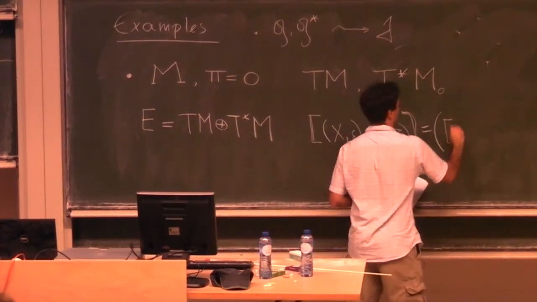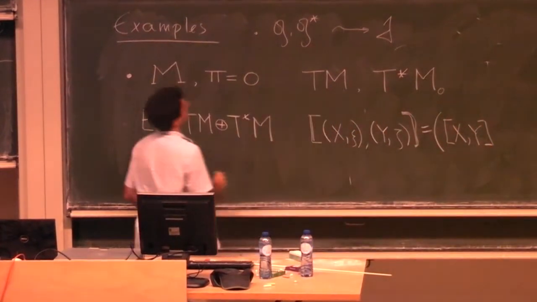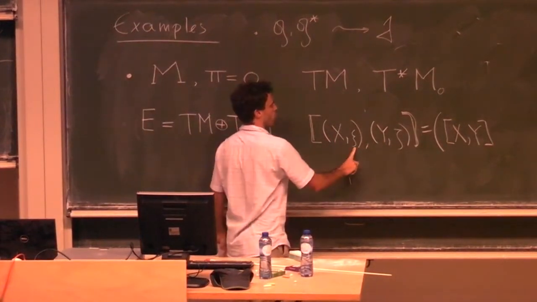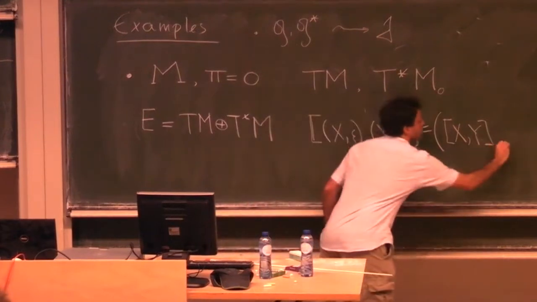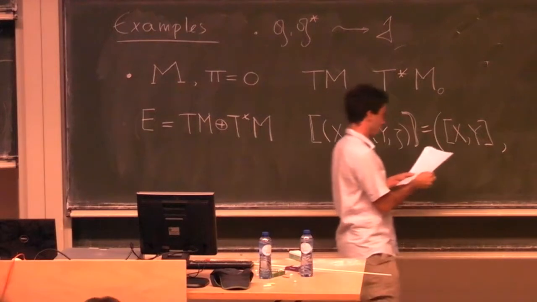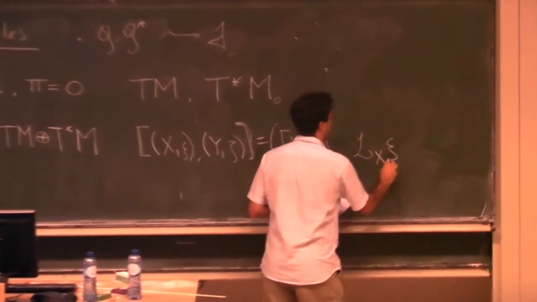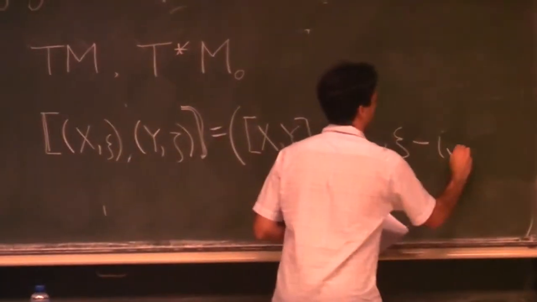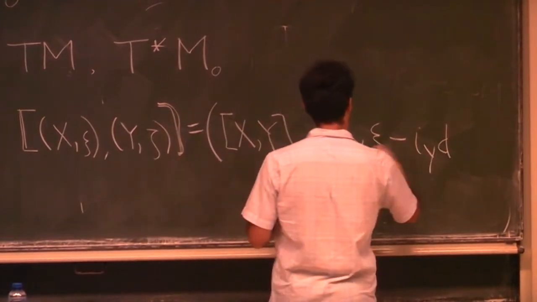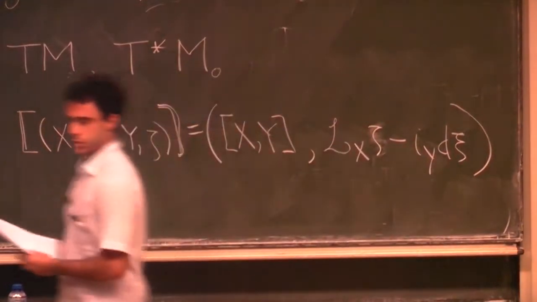In the first component, right, here I'm talking about a bracket on sections, so this is a vector field plus a one form. The vector field part is just the usual Lie bracket of vector fields, and on the one form part you get the following combination. So that's what you get.